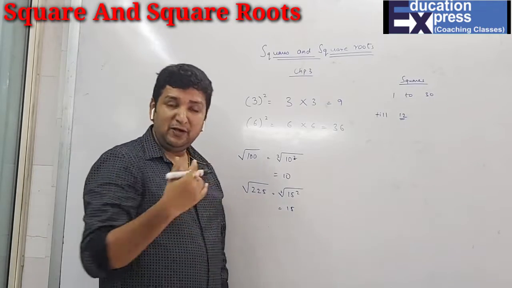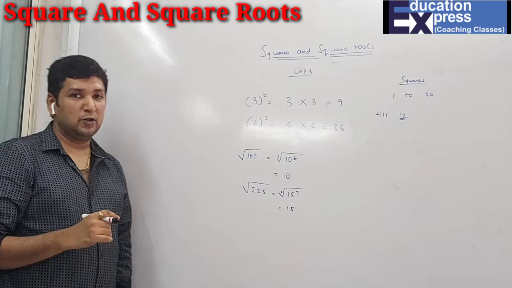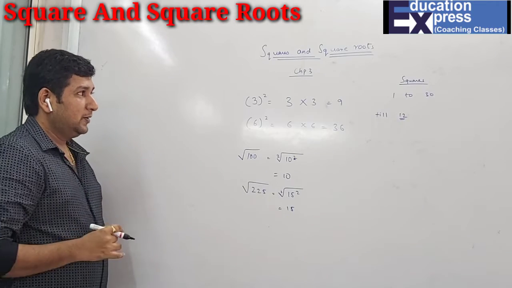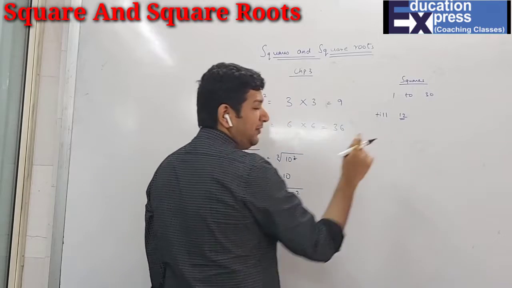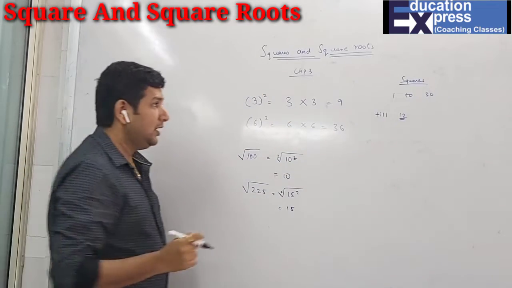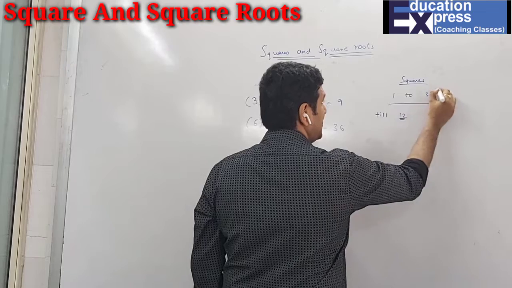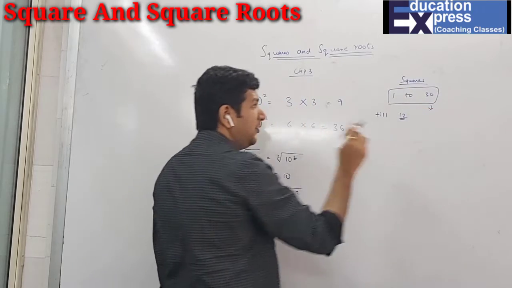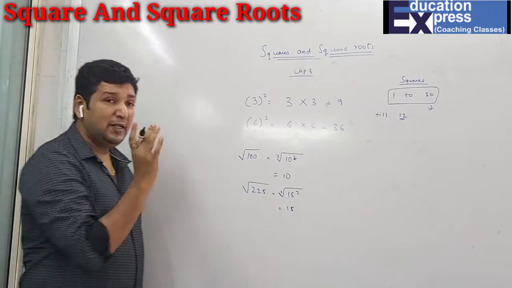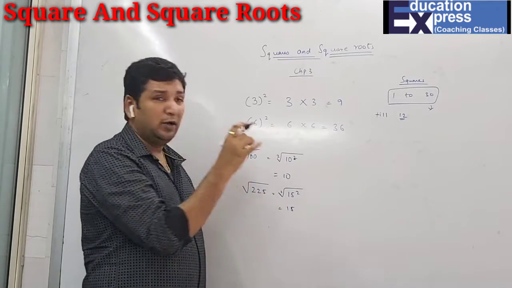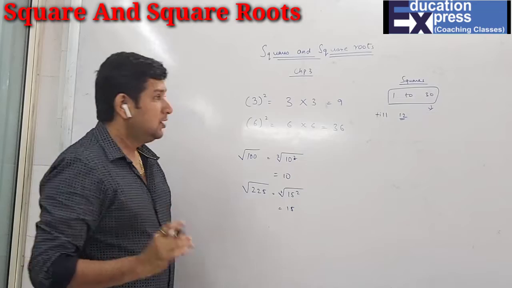So it will definitely help you with respect to your calculation also. Whenever we meet next time, I'll be asking you the squares from 1 to 30 and you should be perfectly fine with the entire 1 to 30 squares. So please learn and give this 1 to 30 orals to your parents.